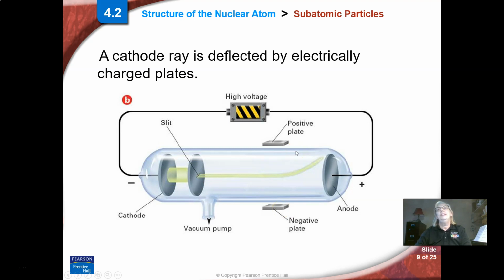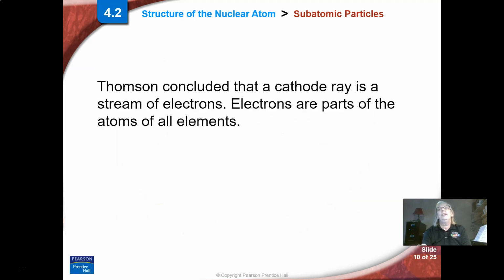So he knew that the ray had to be negative, because opposites attract. He was able to figure out that the ray was actually electrons, and we know that electrons are part of the atom now because of J.J. Thomson.